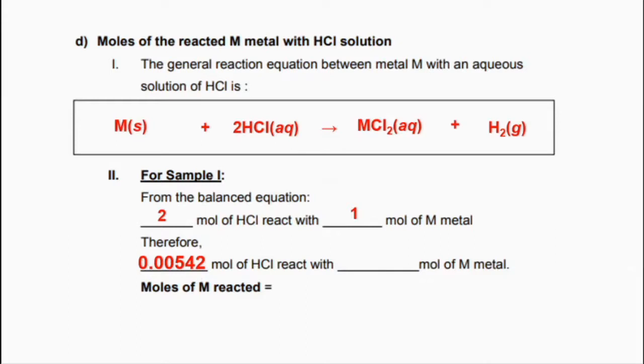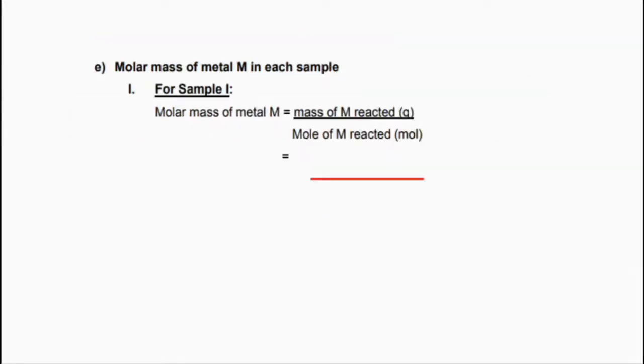If we have 0.00542 moles of HCl, it reacts with how many moles of M? Yes, we need to divide by 2, so 0.00271 mole of M metal. Therefore, the moles of M reacted was 0.00271 mole.